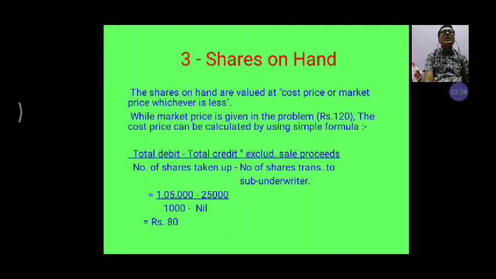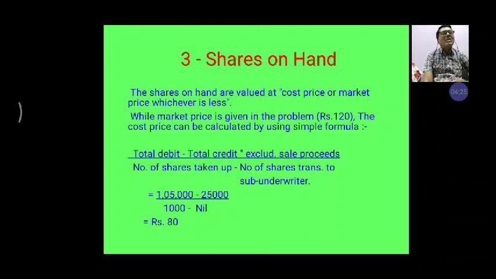Now the third most important point, shares on hand. The shares on hand are valued at cost or market price, whichever is less. While the market price is given in the problem, that is 120 rupees, the cost price can be calculated by using the simple formula I told you. What is the formula?